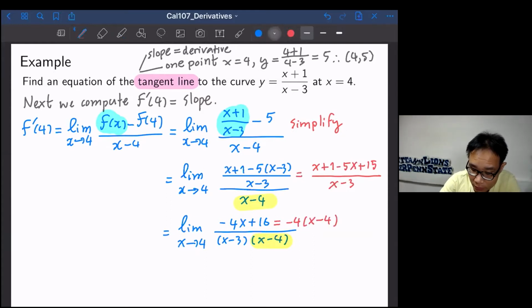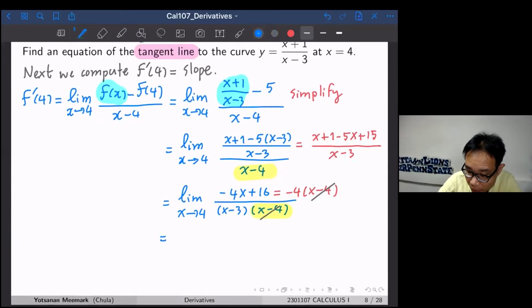And it's going to be x minus 4, and x minus 4 cancel. So you plug in the value for this limit. It's going to be negative 4 over 1.